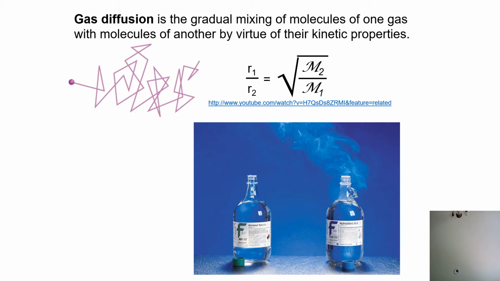And it basically states that at constant temperature and pressure, the rates of diffusion for gases are inversely proportional to the square roots of their molar masses, as shown in that equation, R1 over R2, which are the diffusion rates of gas 1 and gas 2, and the molar masses of gas 1 and gas 2. And we will be working with the equations for both diffusion and effusion.